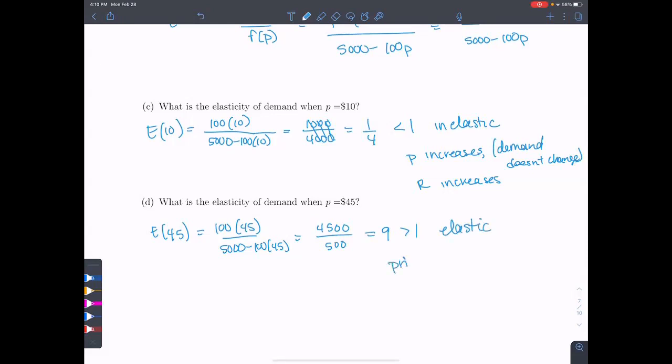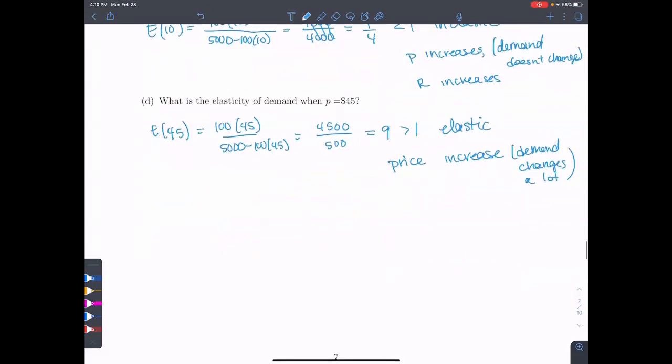So as price increases, demand changes a lot. Which means that the revenue, because demand will decrease as the price increases, that means that the revenue will also decrease.